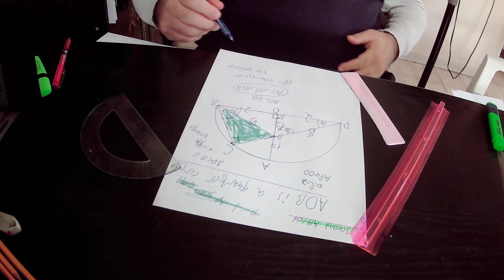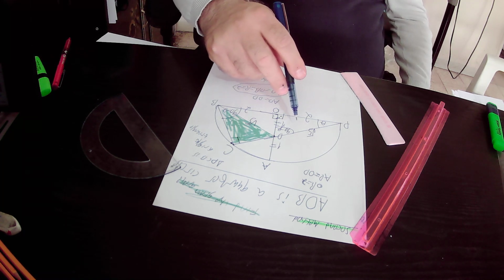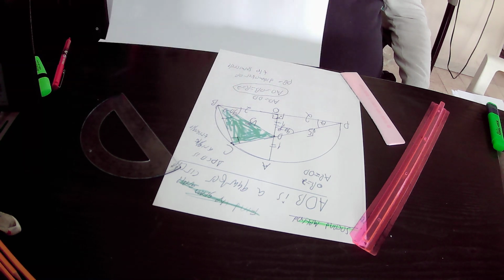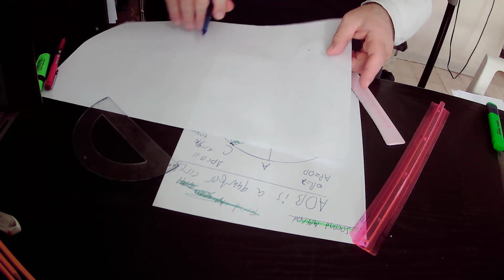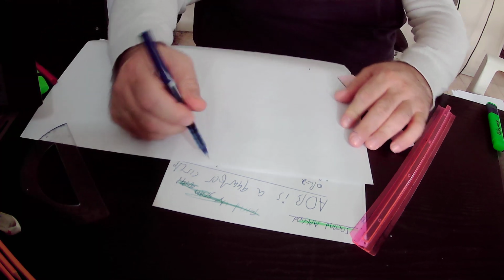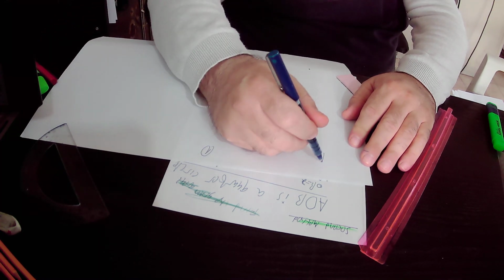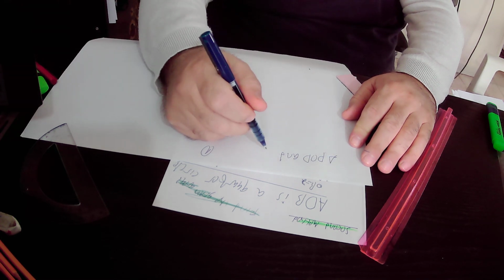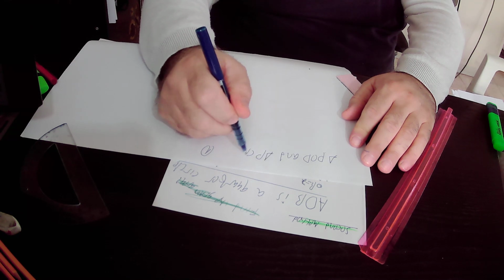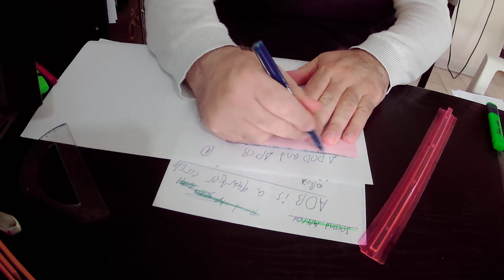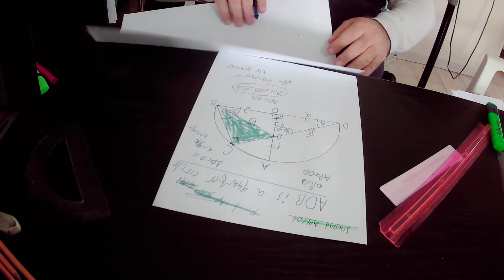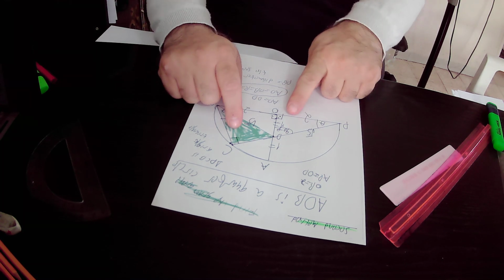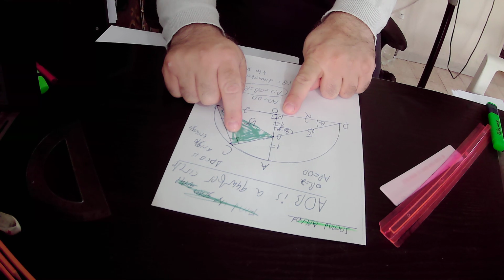Okay, so in the next step we'll prove that the small right triangle PDO is similar to the big right triangle PCB. Okay, I'll write it down. We prove that the small right triangle POD is similar to the right triangle PCB. So, why are those two right triangles similar to each other? First of all, those two angles are both equal to 90 degrees, therefore they are equal to each other.